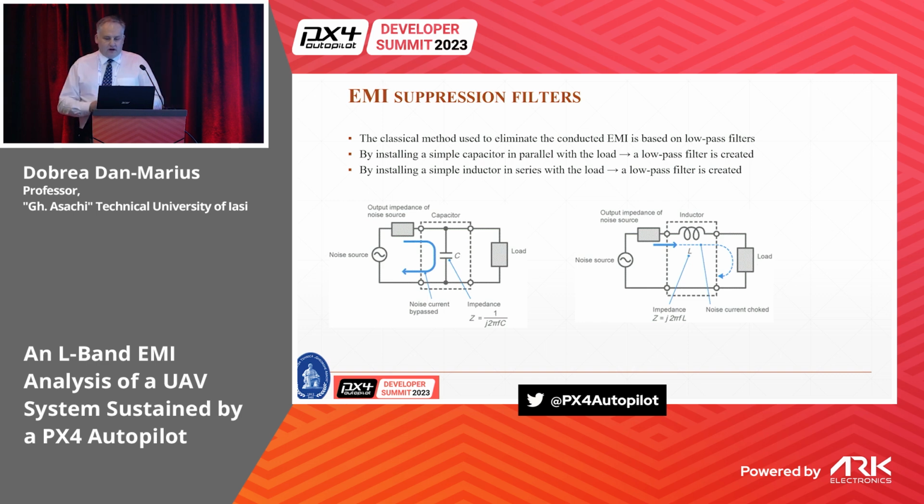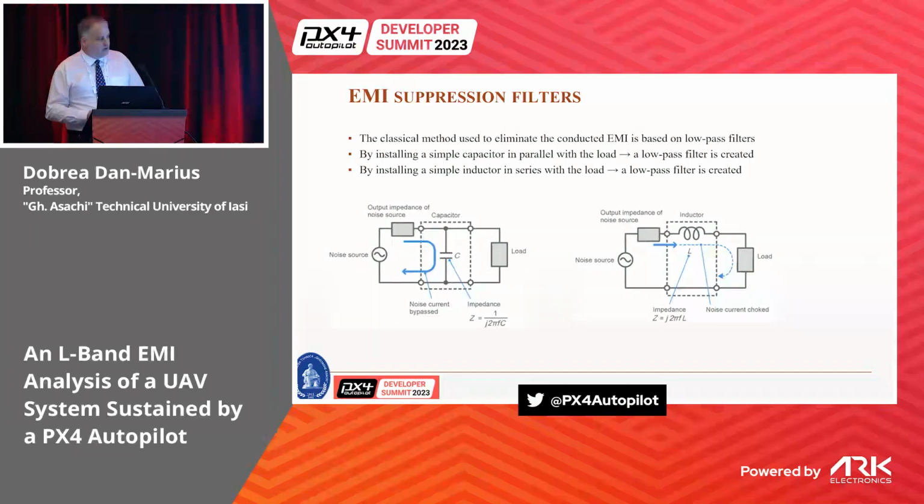For the conducted electromagnetic interference, the classical method is to use low-pass filters composed of capacitance or inductance. In this mode, for example in the left case, the capacitors will ground all the perturbances, and your system will be protected.